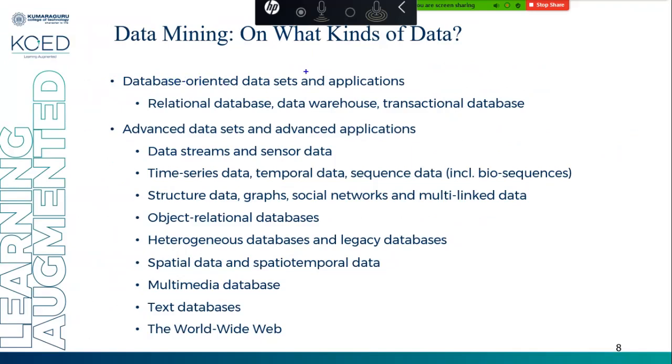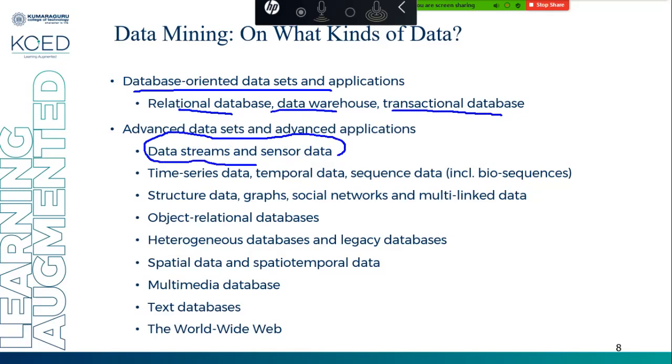Database-oriented data sets and applications: for example, data in relational databases, data warehouses, and transactional databases come under database-oriented data sets and applications. Advanced data sets and applications include data streams and sensor data, time series data, temporal data, and sequence data, for example, the temperature of a particular day or a particular week. These are known as temporal data.